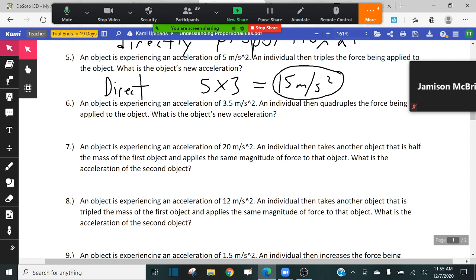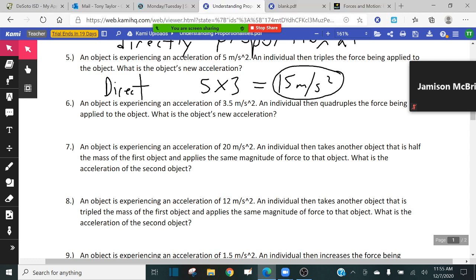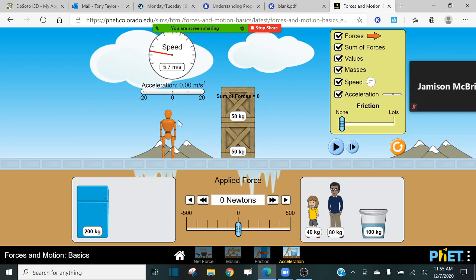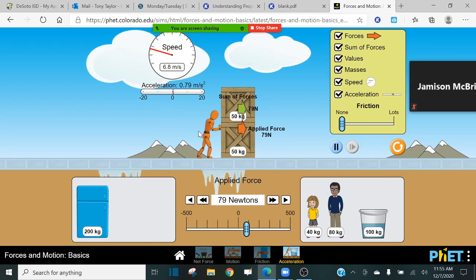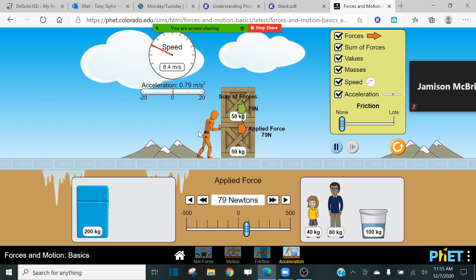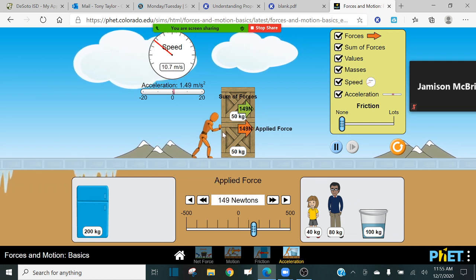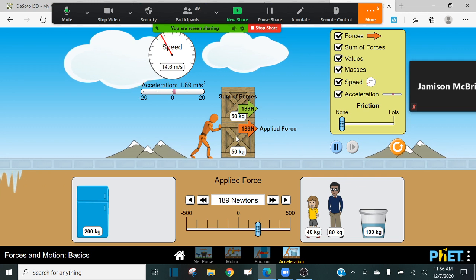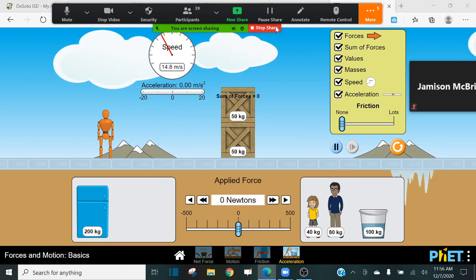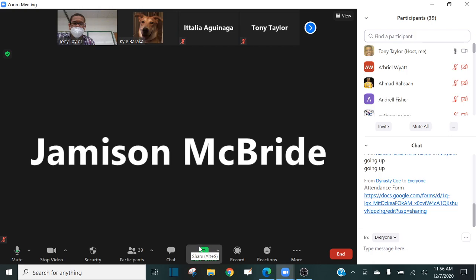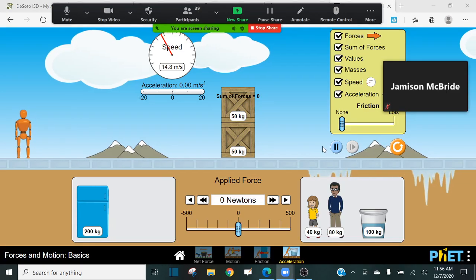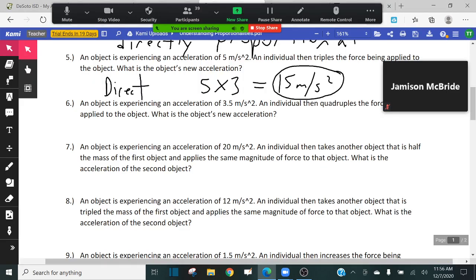Because remember, guys, quadruple means you're increasing by a factor of 4. So all this is saying, guys, imagine you have some object and you have some force acting on it. What this is saying is if you quadruple the force, what's going to happen to the acceleration? Well, the acceleration gets quadrupled. Oh, my bad. I didn't mean to stop sharing that. Okay.